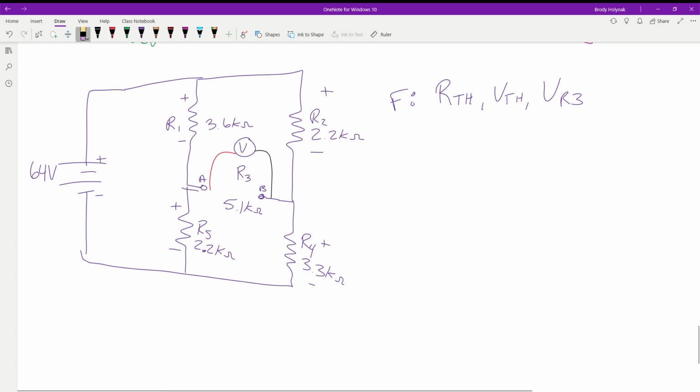So as we come around, we go up, we go down, it does not matter. So this way we come up, we're going to have the negative voltage drop across R1. We come around the circle. What do we run into next? A positive R2.